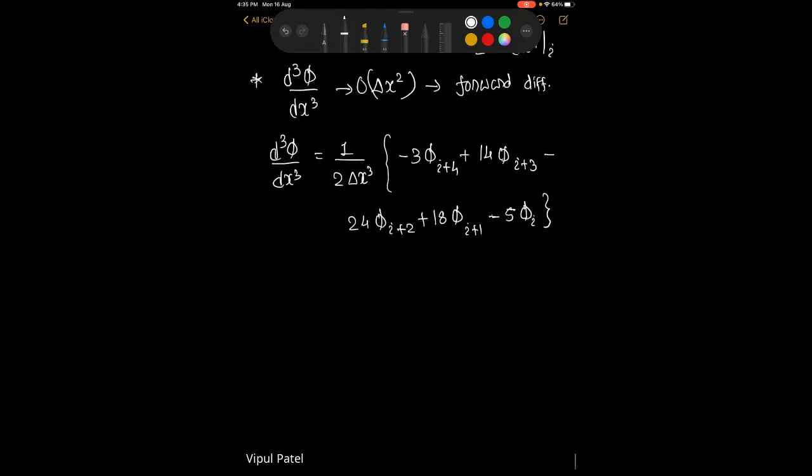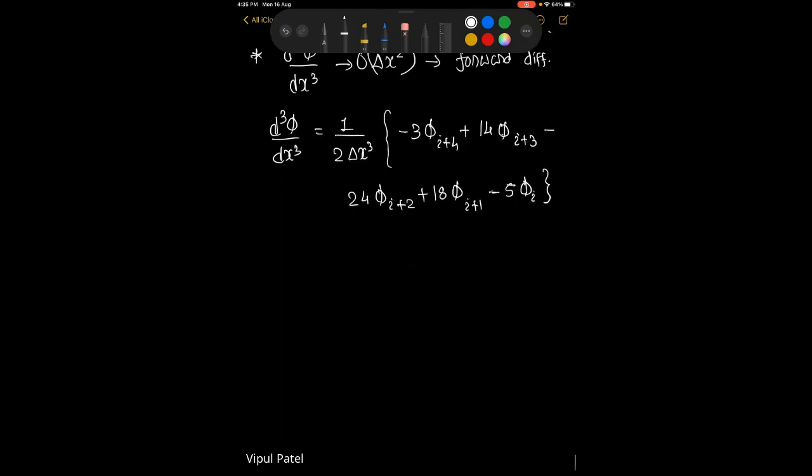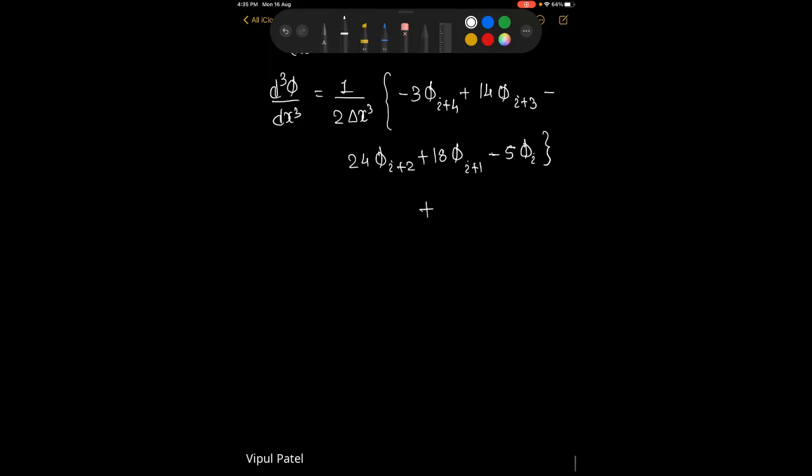We have already taken 1 by 2 delta x cube, so you don't have to write it separately, plus 21 by 12 delta x square and d to the power 5 phi divided by dx to the power 5, which is a kind of leading term which we are neglecting.